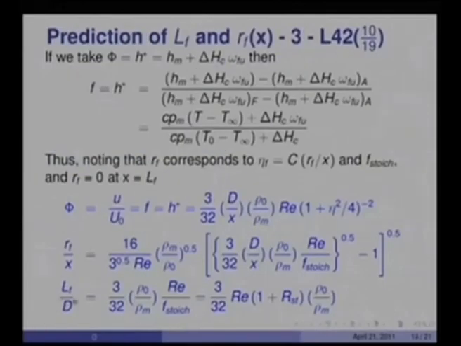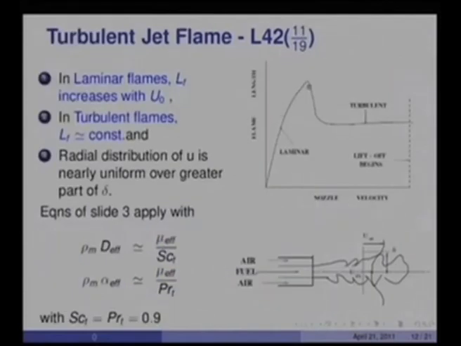But after a certain velocity the flame length actually decreases, and when the flow is completely turbulent, the flame length is independent of the nozzle velocity. So, in turbulent jet flames, L F is almost constant.